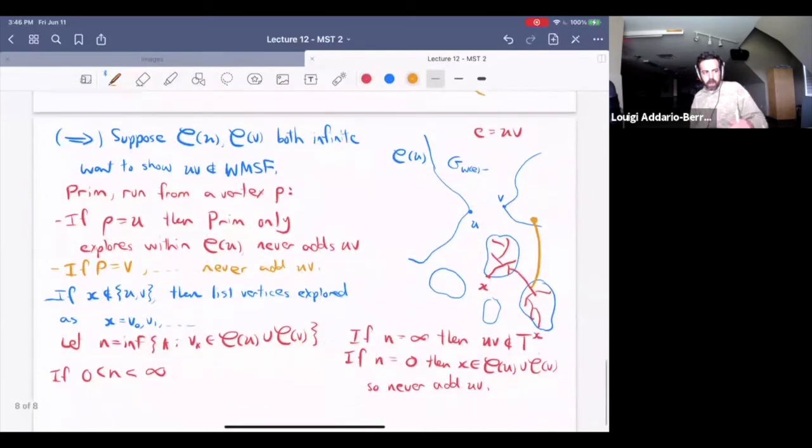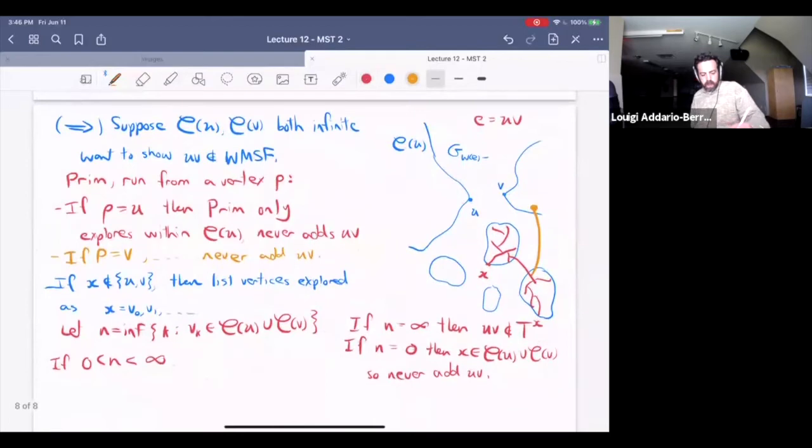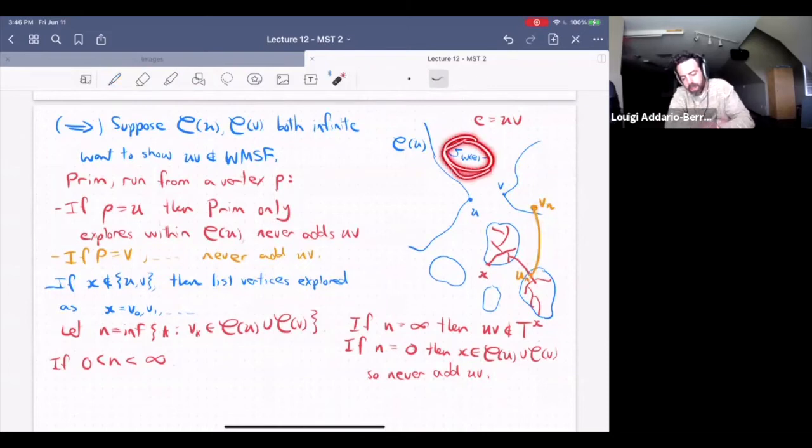Let's say that edge happens at time n. So this is the edge un vn, right? And this edge is not an edge of this graph, right?